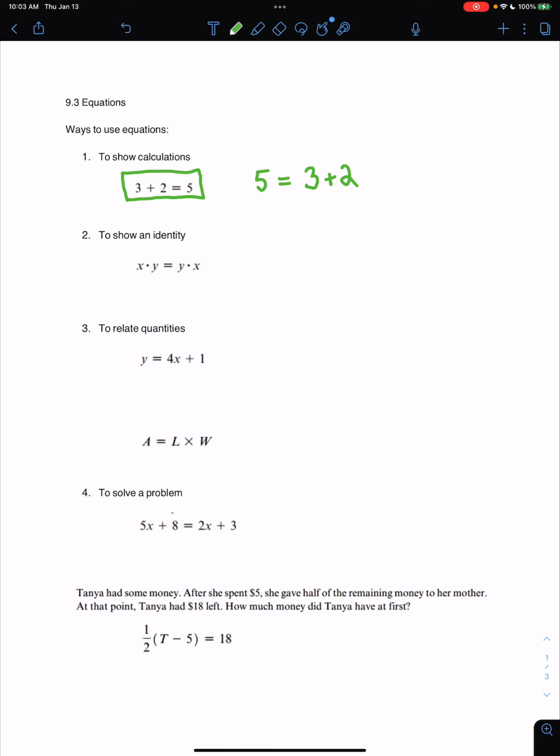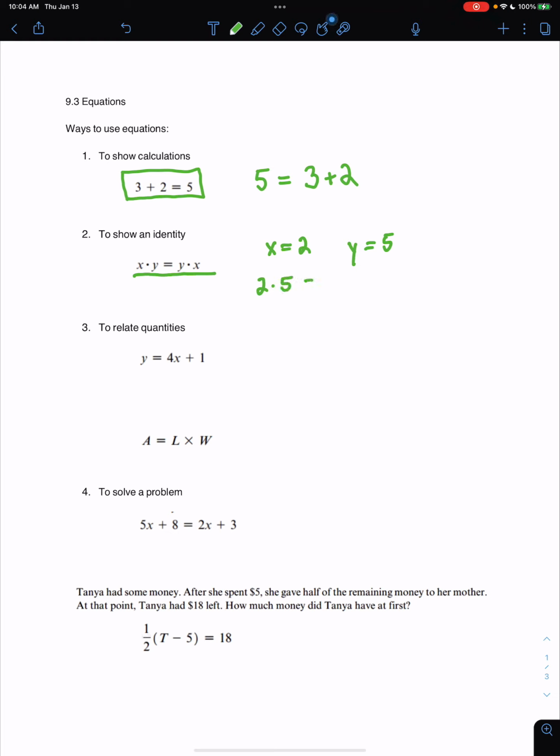So for example, here I have x times y equals y times x. So if I say x equals 2 and y equals 5, then I can say 2 times 5 equals 5 times 2.